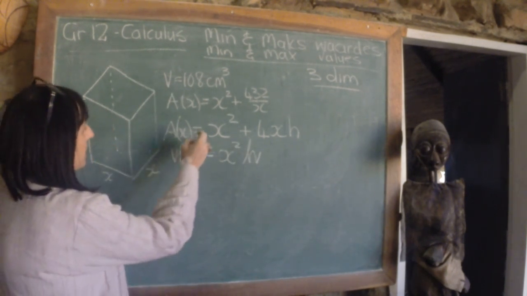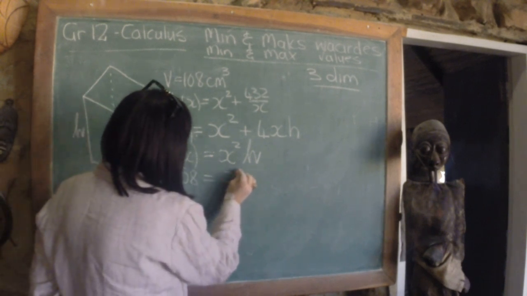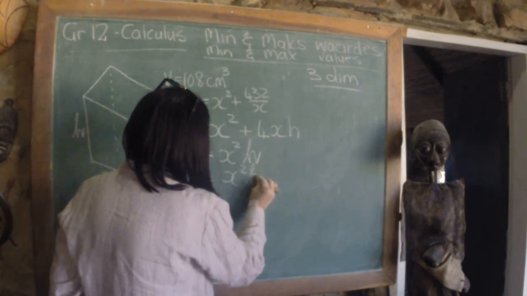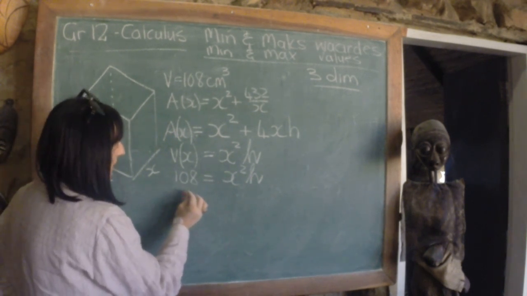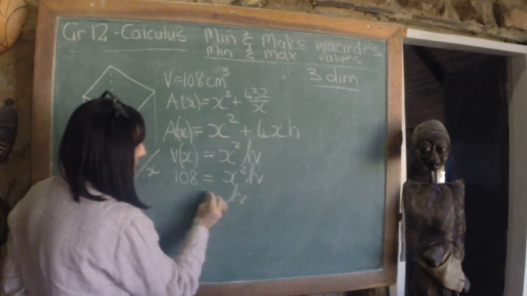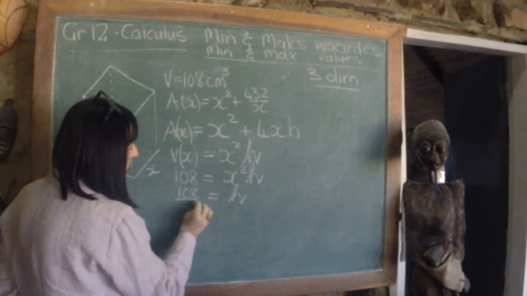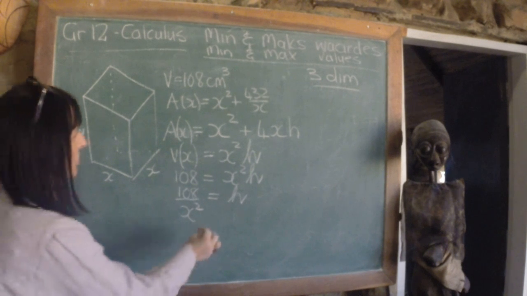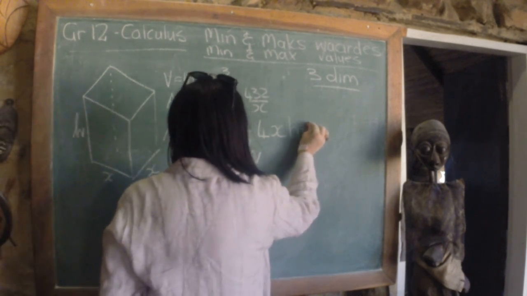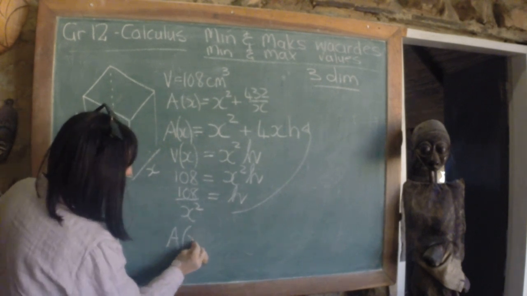So dit is gelyk aan 108. So dit is x kwadraat h. So if I want to write it in terms of h, I can keep the h alone on that side en ek bring die x kwadraat oor en dit word 108 gedeel deur x kwadraat. Now I can do substitution, substitute it into that to get the equation of the surface area.